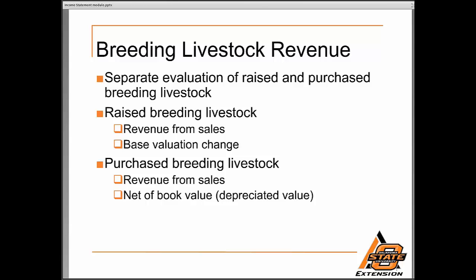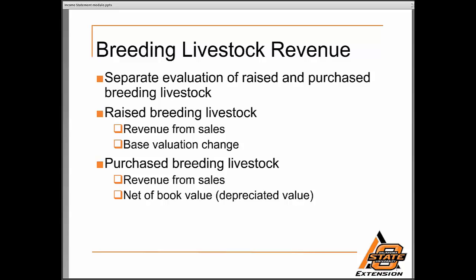Breeding livestock are non-current, longer-term assets, so sales or culls are recorded separately from market livestock. Culling breeding livestock is a normal part of the livestock production process, so the revenue must be recorded. Valuation of breeding livestock differs between raised and purchased animals.